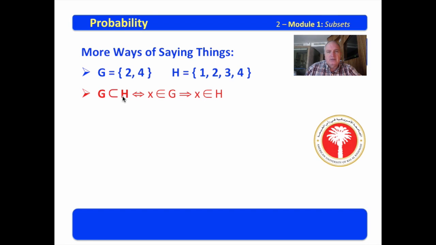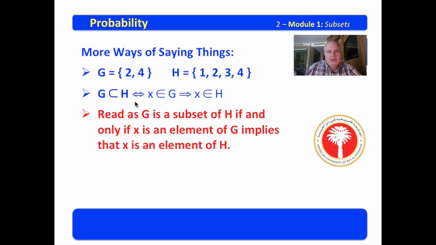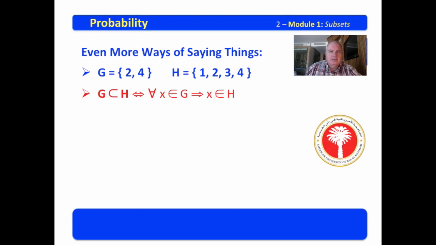G is a subset of H if and only if x is an element of G implies that x is also an element of H. In other words, 2 is an element of G, that implies that 2 is an element of H. 4 is an element of G, implies that 4 is an element of H. That's read that G is a subset of H if and only if x, an element of G, implies that x is an element of H. How about that? You're catching on to these symbols.